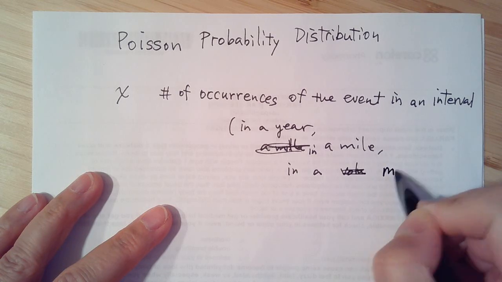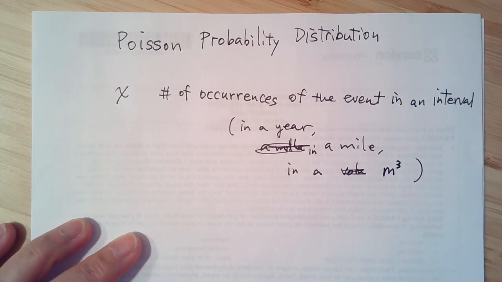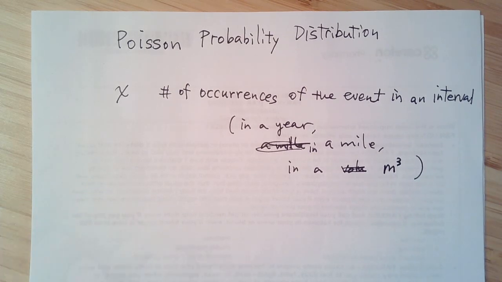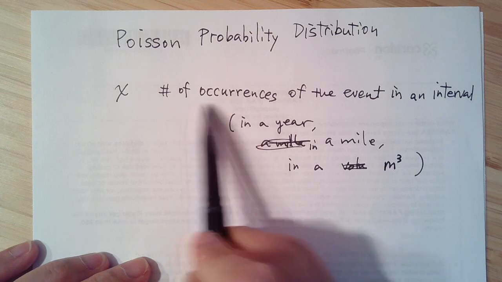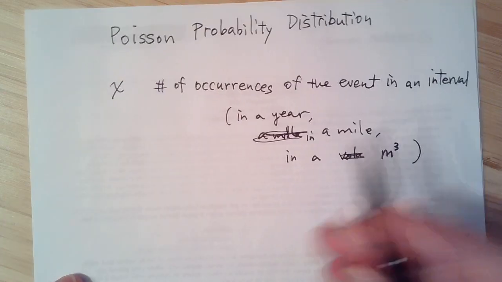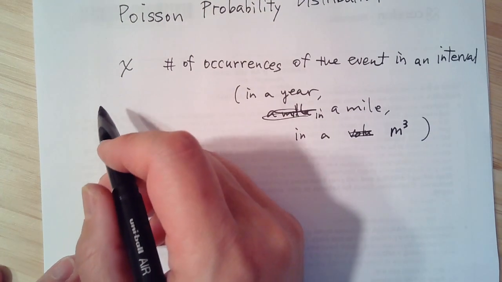Whatever, it's just one interval. So how many occurrences of this event in an interval? So that's x, and the probability of that is the Poisson distribution.